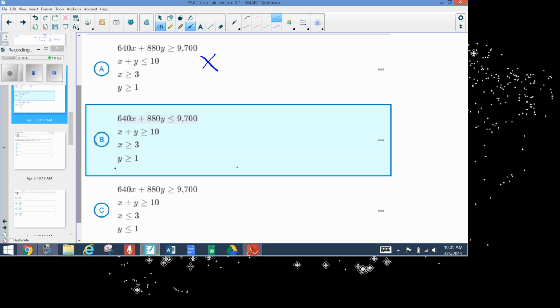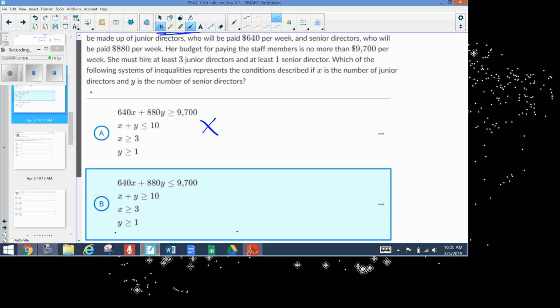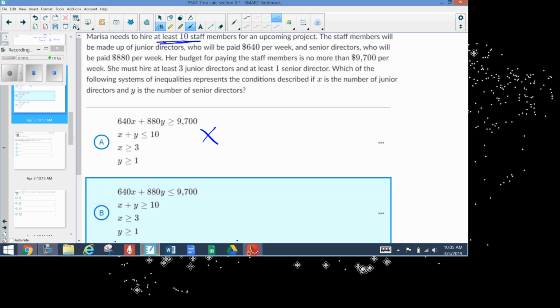I don't have the answer for 3. I didn't get that. Anyways, the staff members will be made up of junior directors who will be paid $640 per week, and senior directors who will be paid $880 per week. Her budget for paying the staff members is no more than this, no more than. So the value is supposed to be less than or equal to this one because it's no more.